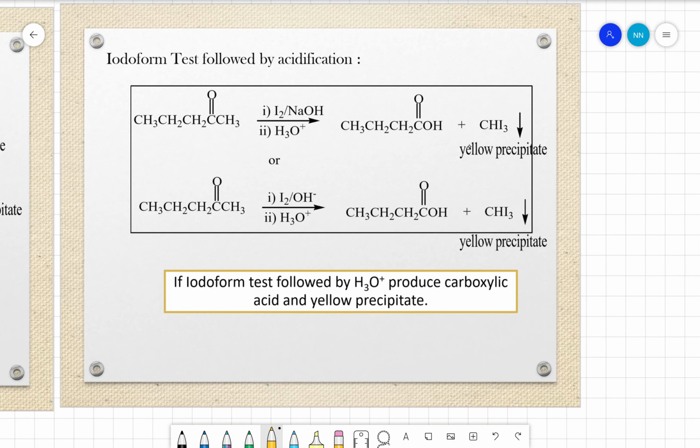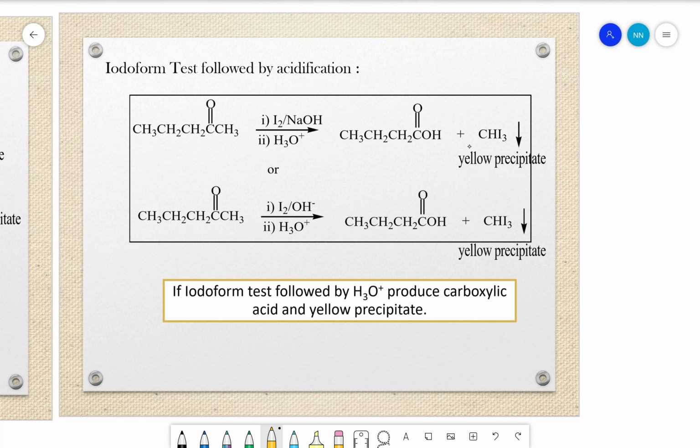These are some extra notes that you have to take note of. If an iodoform test is followed by an acidification, you will get a carboxylic acid. Your first step is the iodoform test, and you will get a carboxylate ion as well as triiodomethane.